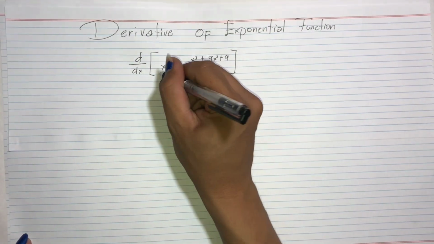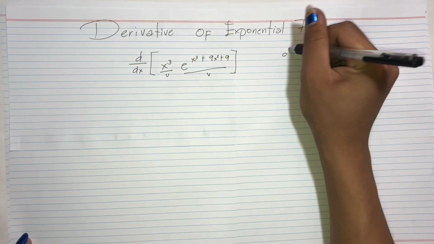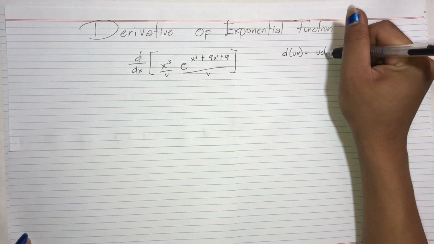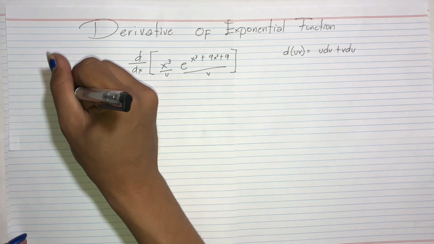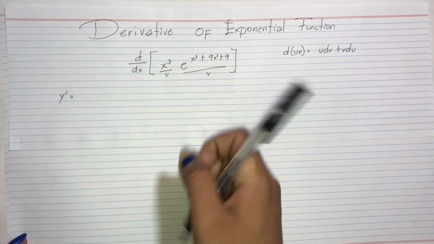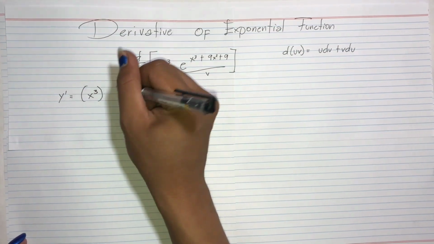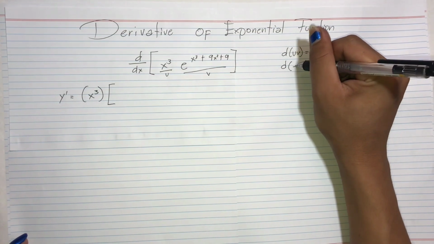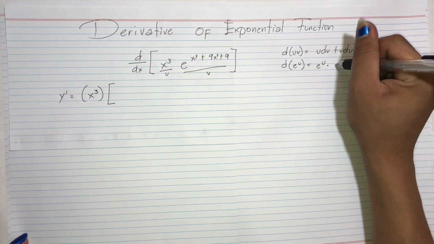First, we will represent this as u and this as v. So the derivative of u times v is equal to u times the derivative of v plus v times the derivative of u. That is y prime is equal to u, which is x cubed, times the derivative of e raised to u, which is e raised to u times the derivative of u.